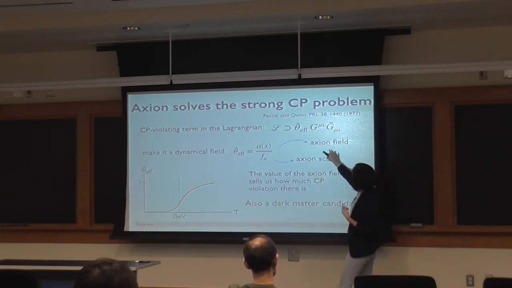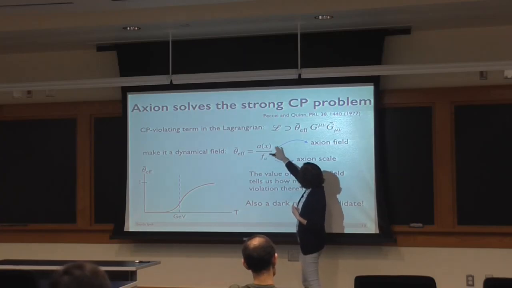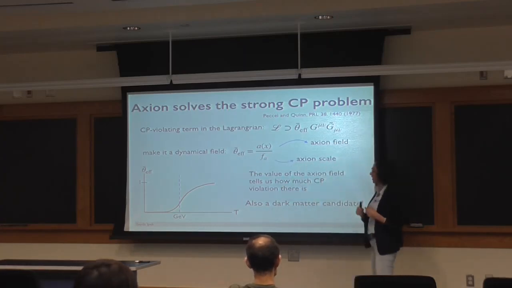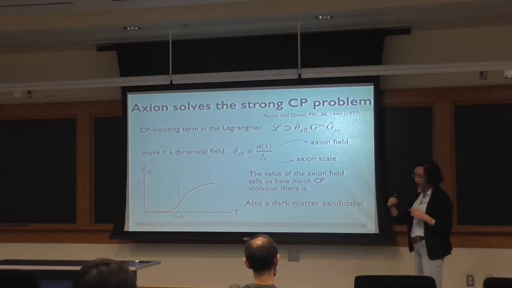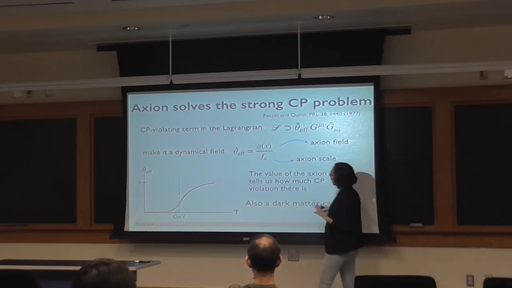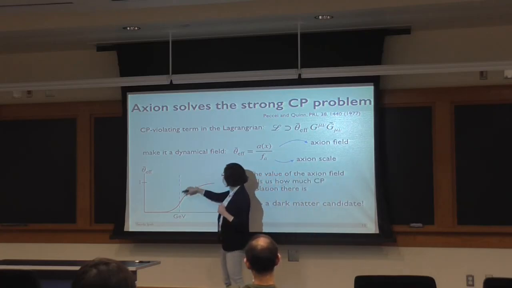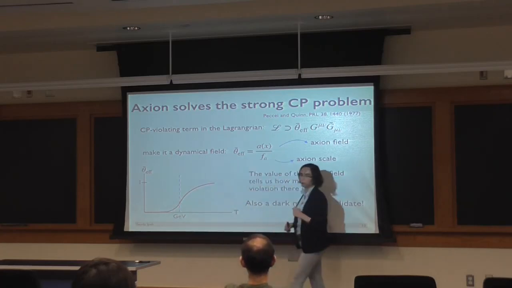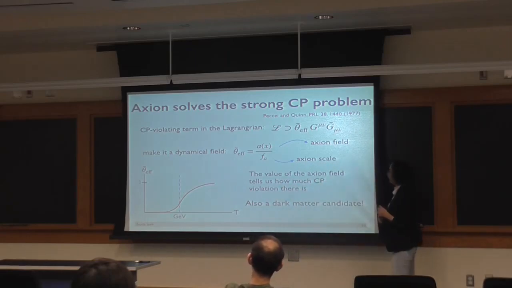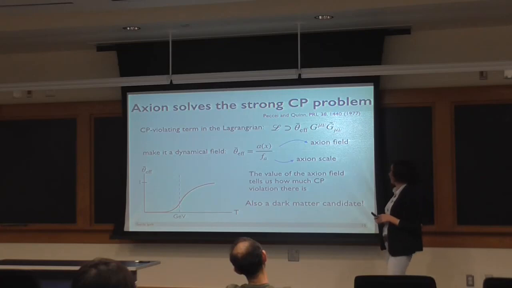So this theta bar effective is basically a field called the axion, and how it behaves in its potential defines what the value of theta bar is. For example, it can be very large at some early times in the universe, but then as this axion field rolls down to its minimum, theta bar goes to 0. And this again tells us how much CP violation there is in the strong sector.